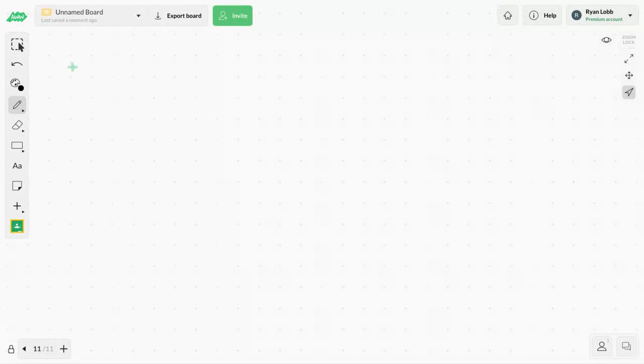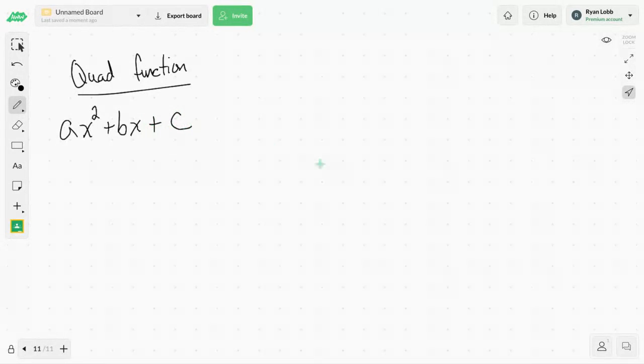Well, a quadratic function in terms of x would be something along the lines of ax squared plus bx plus c, right? That's my quadratic function in standard form. That x is being squared times a, bx and c I may or may not have, but this is the defining characteristic of the quadratic function, the ax squared.